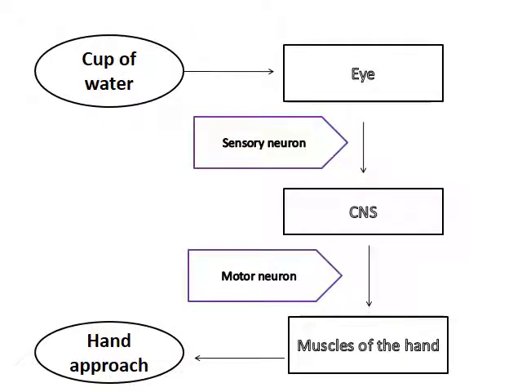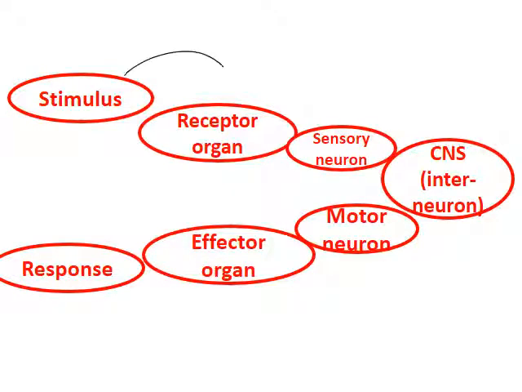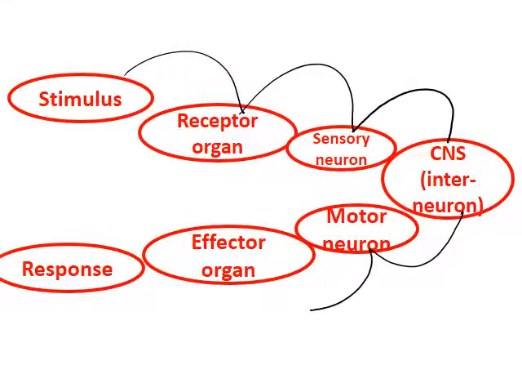For example, I saw a cup of water, I saw it using my eyes, through the sensory neuron toward the central nervous system, which are called afferent, and using the motor neuron, which are efferent neurons, toward the muscles of the hand to take an action where the hand approaches. So stimulus, receptor organ, sensory neuron, central nervous system, meaning the interneuron, motor neuron, effector organ, and finally the response or the action.